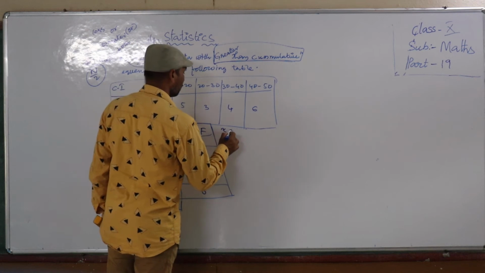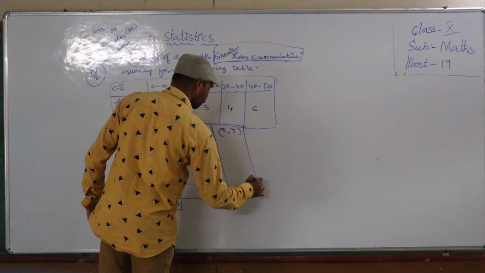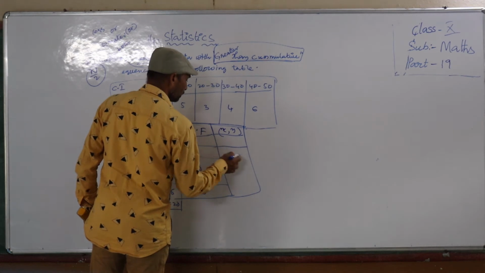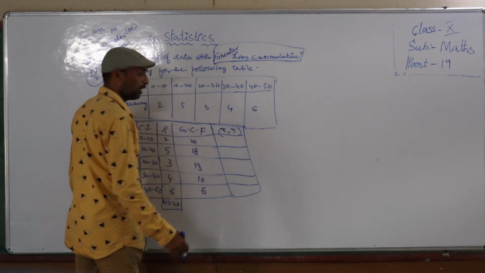Then here x comma y, again if you want. What will we get, children?